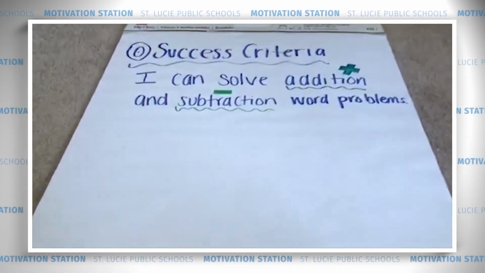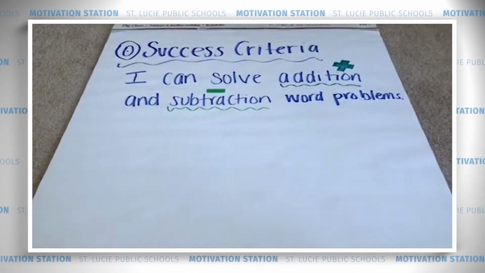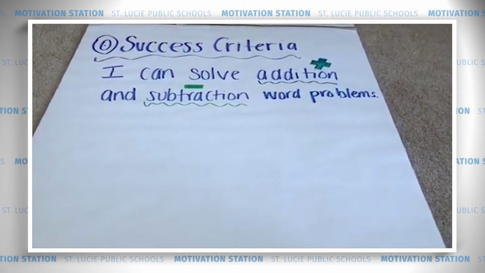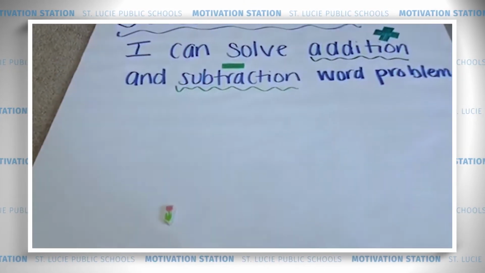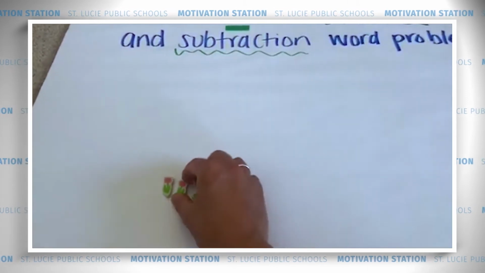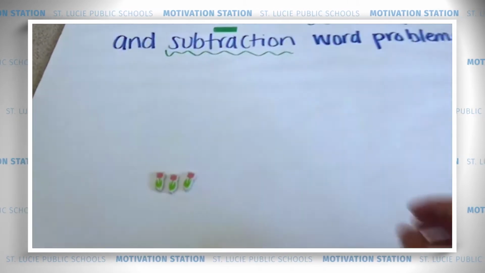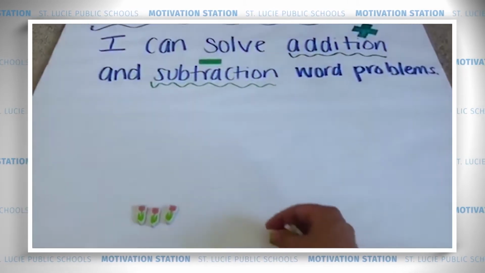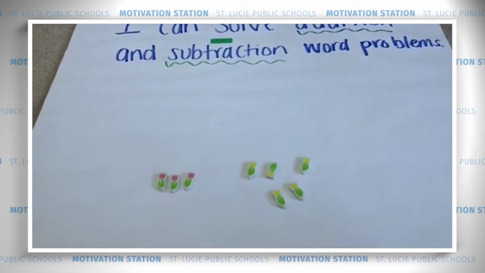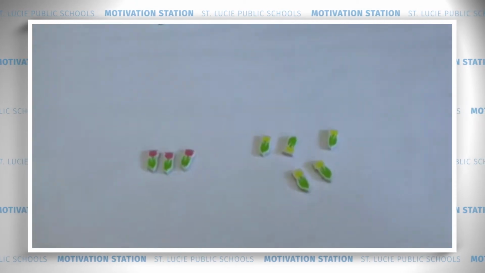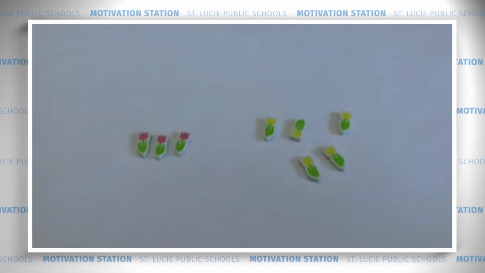For this first problem, I would like to use some counters. Corey had brought 3 pink flowers to the garden, and Rebecca brought 5 yellow flowers to the garden. How many flowers do they have all together now to plant in the garden?